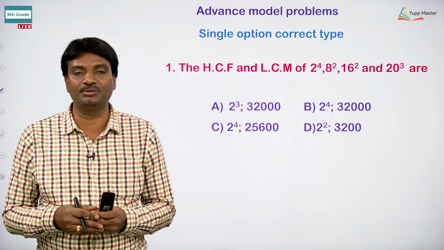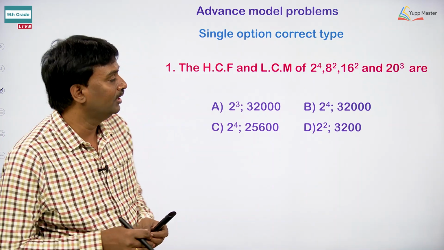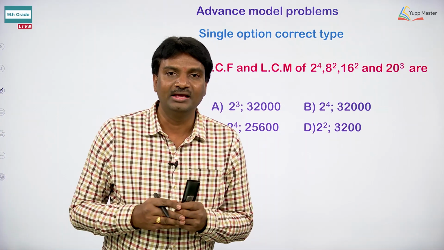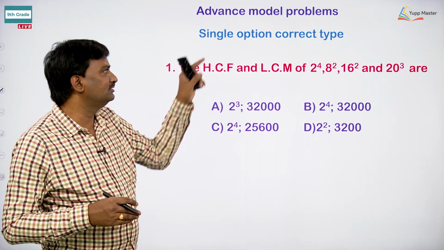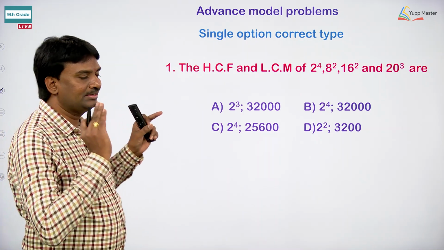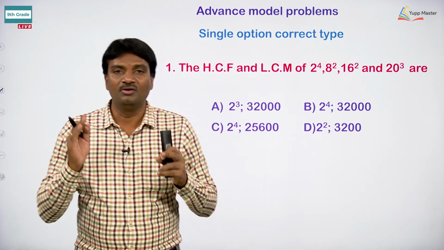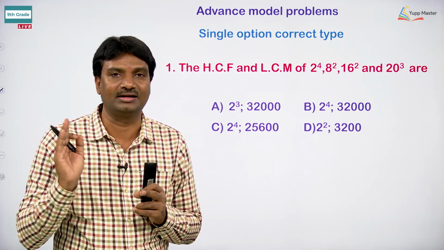We already did some advanced model problems with respect to the concept of divisibility. Here we are doing the advanced model problems related to LCM and HCF. These are the advanced model problems of single option correct type. Just like the mains model problems, for the given problem we have only one option as correct.